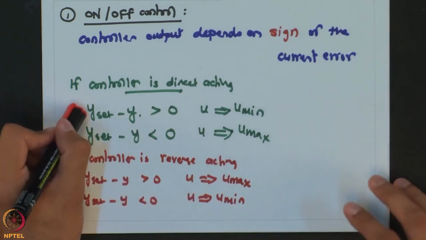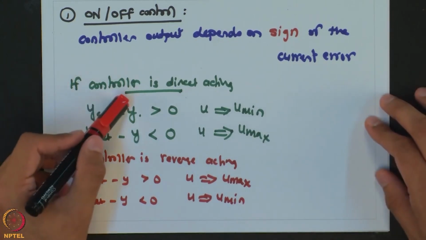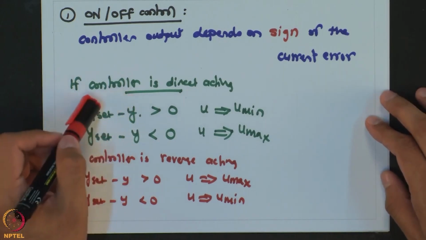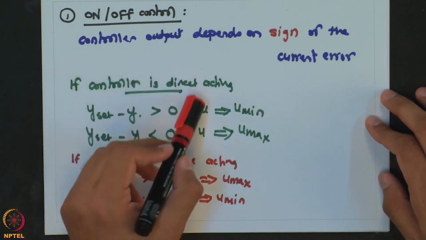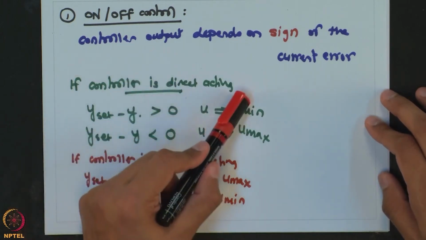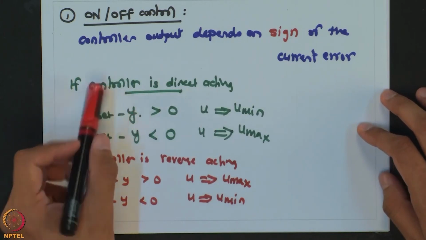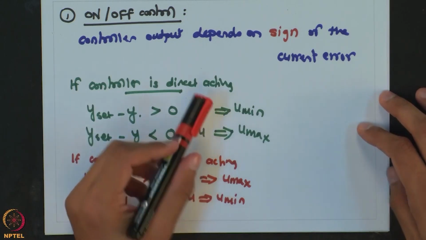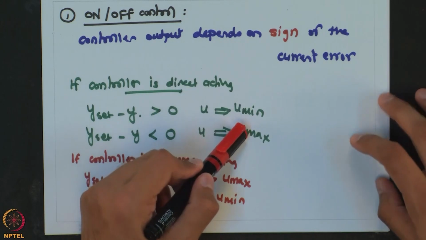So, you can see that all we are interested in is just checking the value of y in relation to y set. If y is less than the set point and the controller is direct acting, then the manipulated input is kept at its minimum value. The moment y becomes greater than the set point value, the manipulated input completely shifts direction, going from the minimum value to the maximum value.